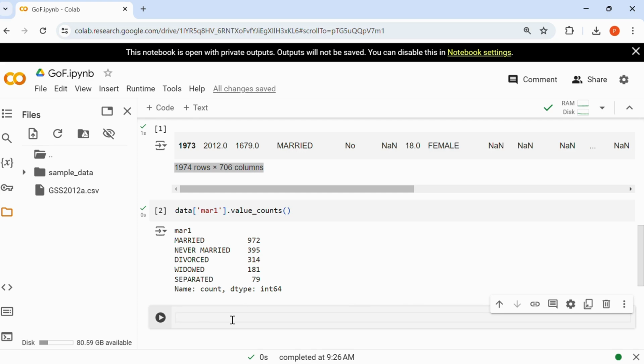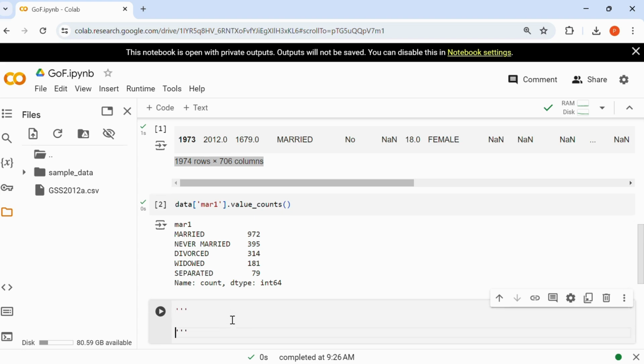The research question is, are people more likely to get married? I am noting the research question here. I will call it RQ.